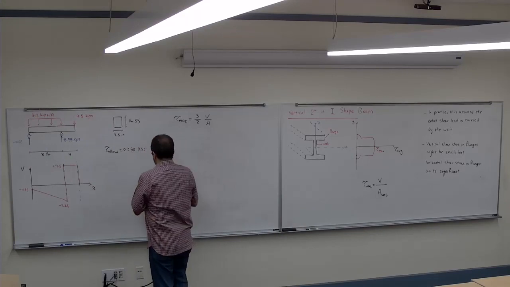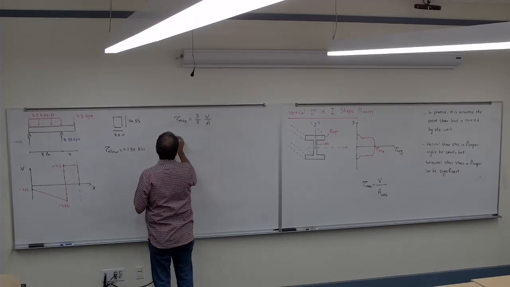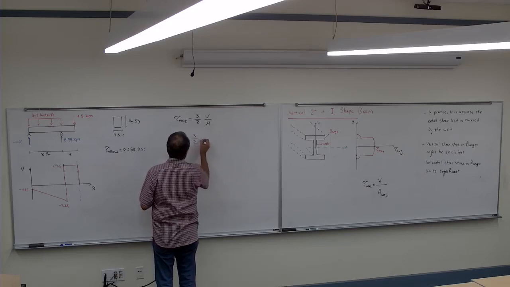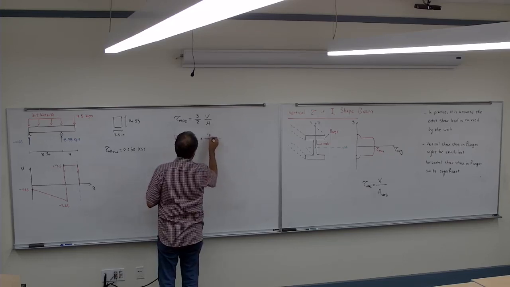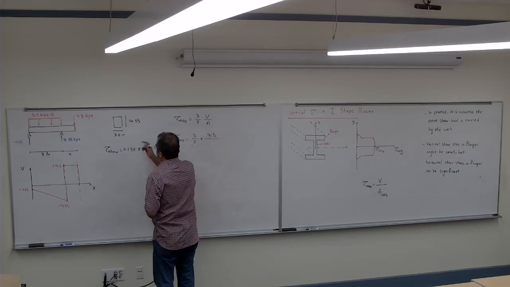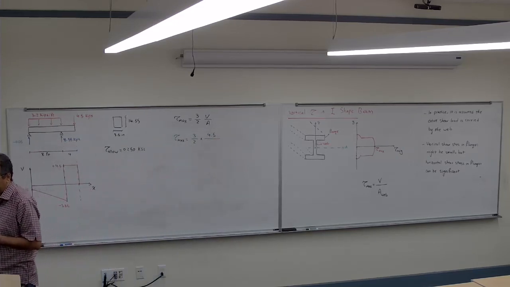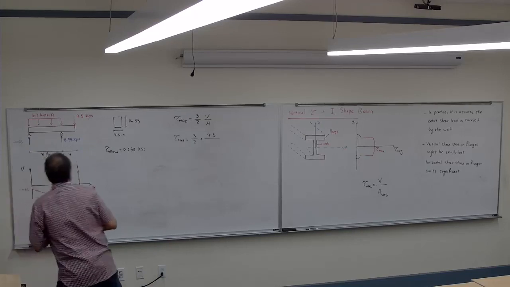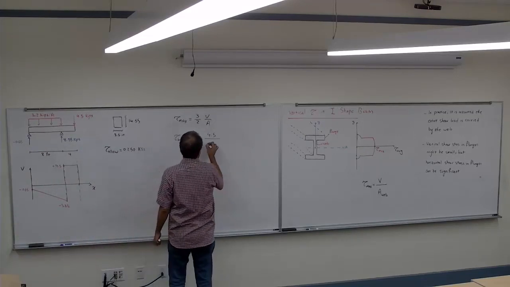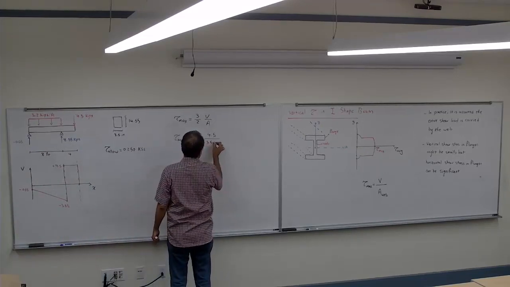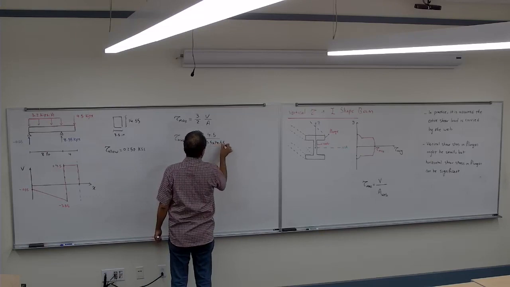So tau max is going to be 3/2 times the maximum, 4.5, divided by the area, 3.5 times 14.55.